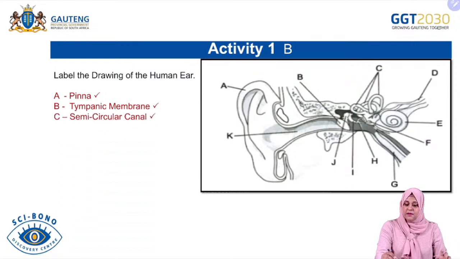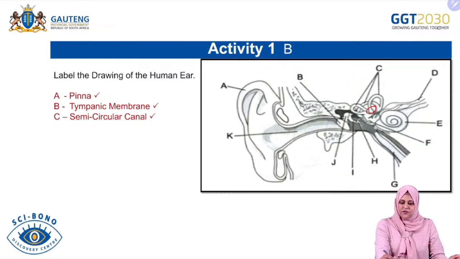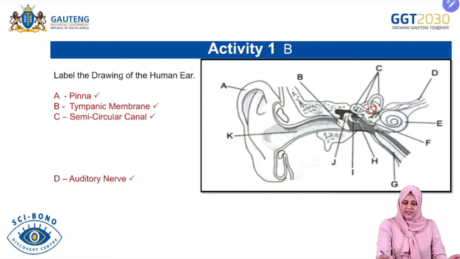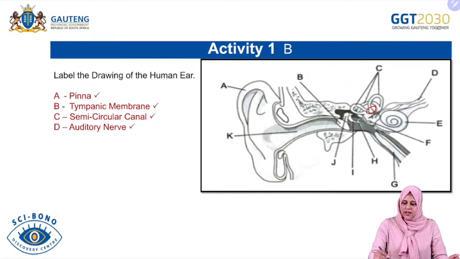Okay, and remember at the bottom of the semicircular canals, you have the ampulla, which has the cristae. So don't forget that. Right, we're looking at D. D is, we'll say, the auditory nerve. And then we're looking at E, the snail-like structure, which is the cochlea. And then we're looking at F. Now look at F, right?